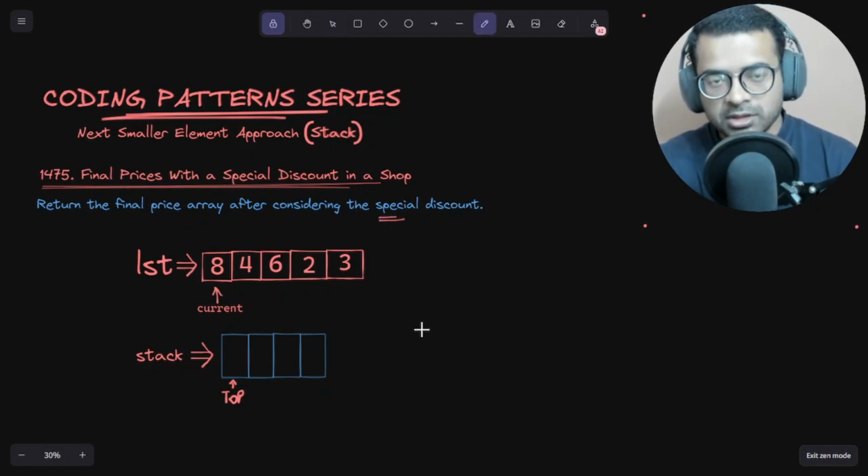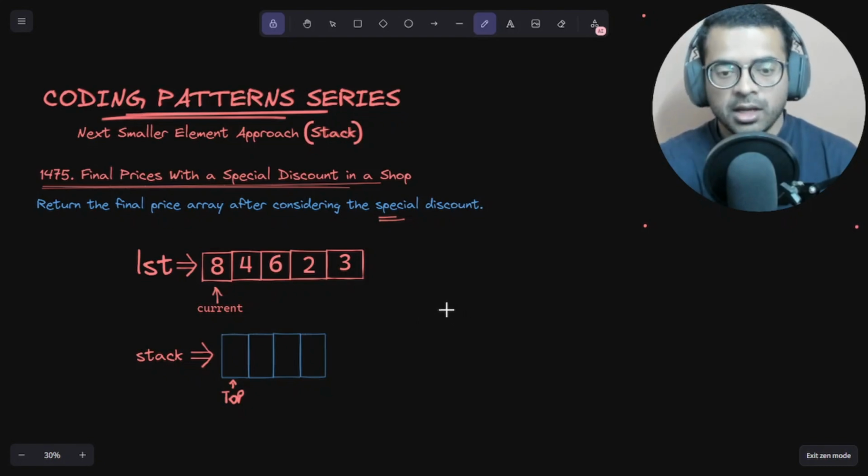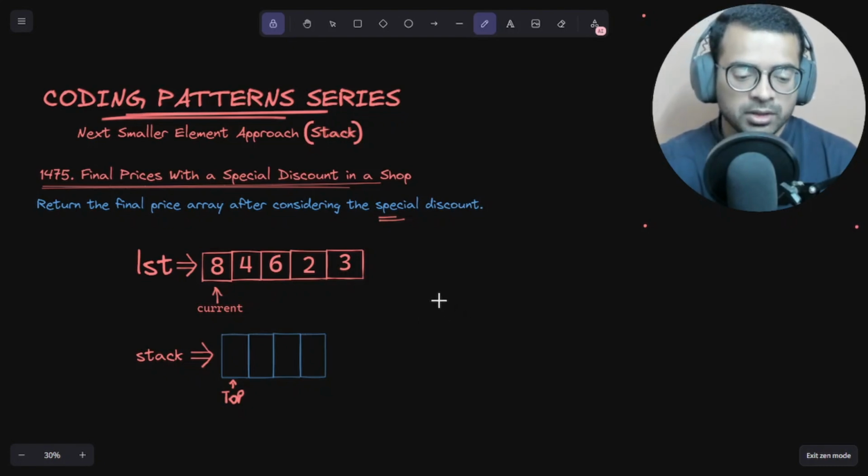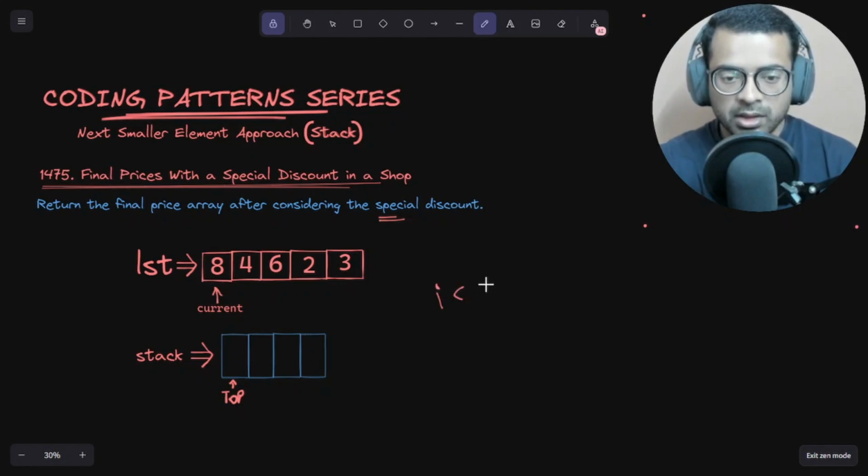The special discount simply means that our job is to fulfill two conditions. The first condition is that i should be less than j. Now what are these i and j? They are indices.